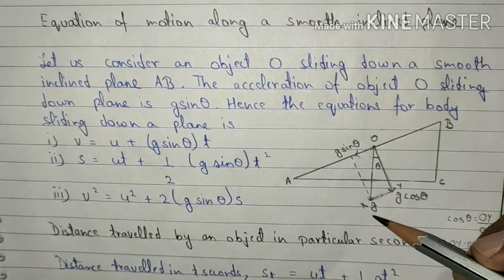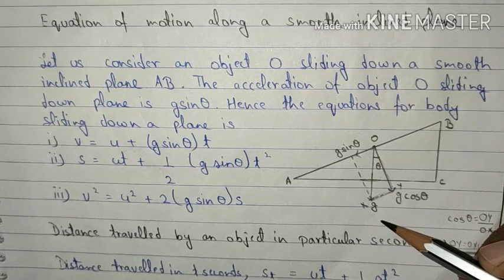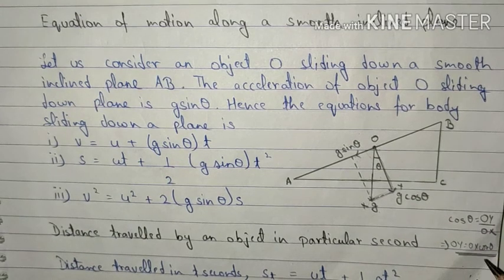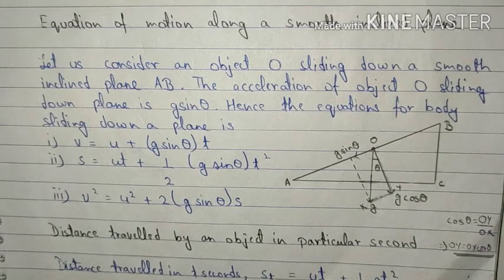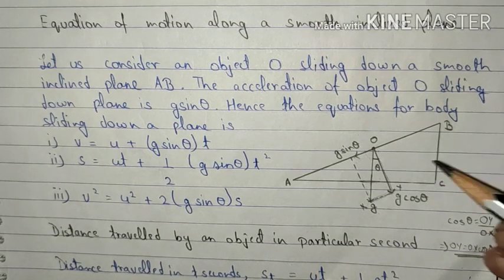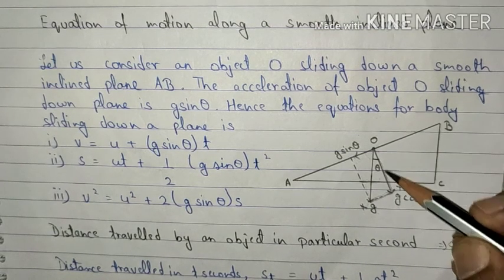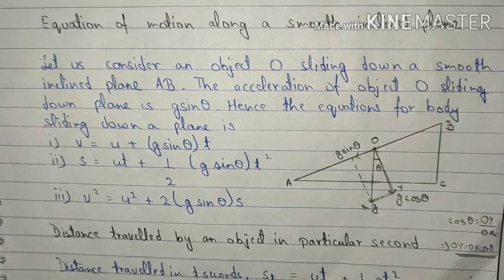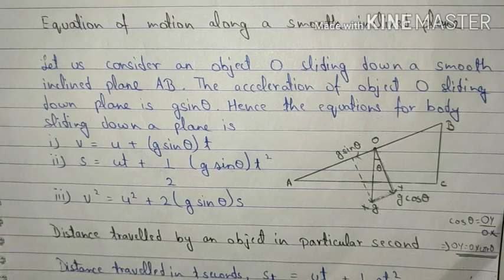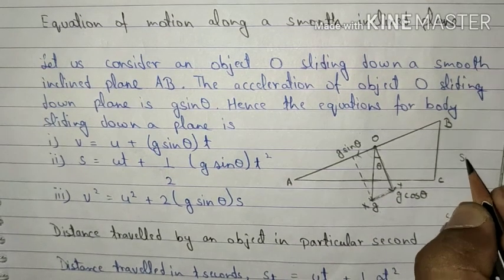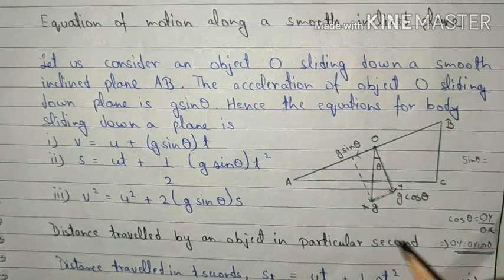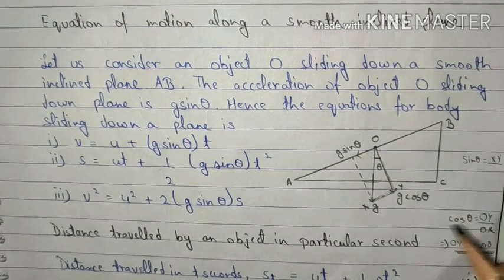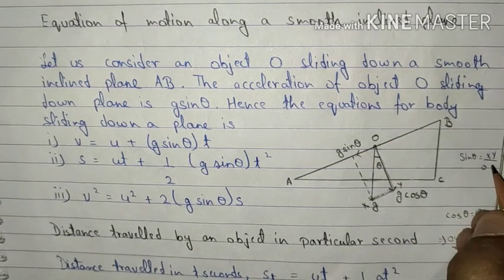Now, what do you observe? This OX is experiencing gravitational acceleration small g. So instead of OX, we can write small g cos theta to represent the acceleration experienced in the direction normal to the placement of the plank. In the same manner, sine theta will be equal to perpendicular upon hypotenuse, which is XY upon OX.